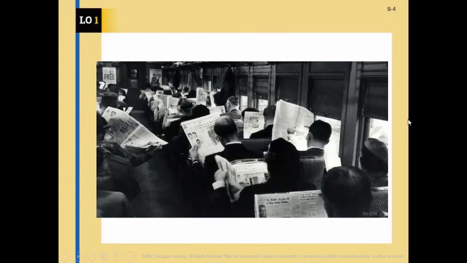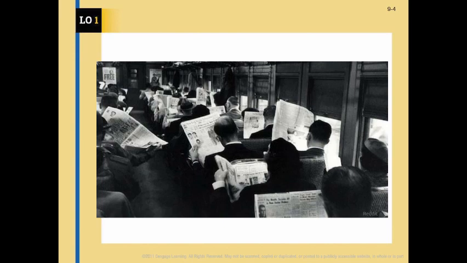If we see this picture here from the middle of the 20th century, well, as you can see, everybody's reading the newspaper. If we were to see a picture of nowadays in the subway in a major metropolitan area, we will see more likely passengers looking at the smartphone screens or tablets or some electronic device, right?